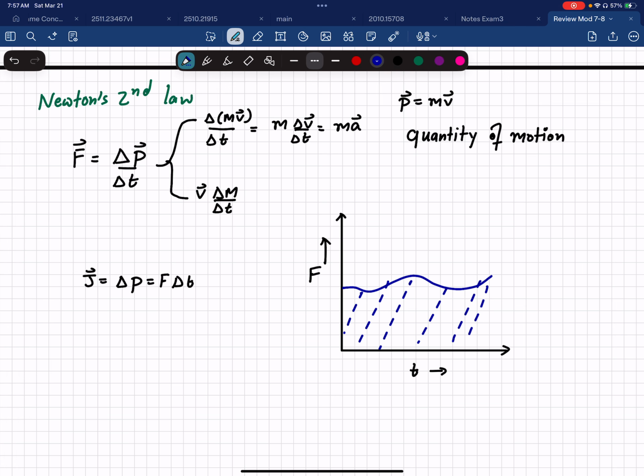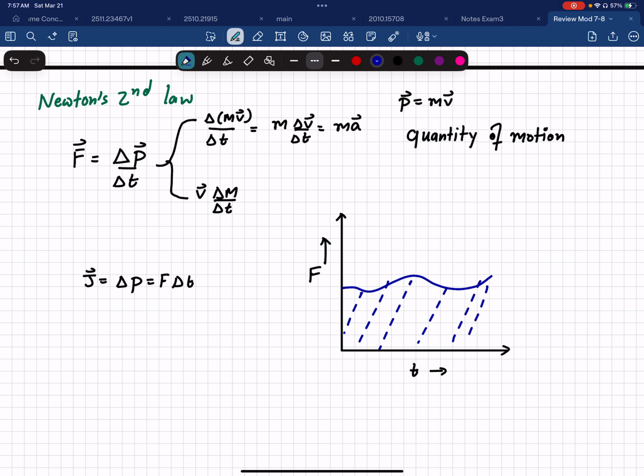When you're catching a ball, the momentum is changing. There is an initial momentum of the ball, which is m times v, and then you're stopping it, so the final momentum is zero. The net result is the same: there is a velocity and it's stopped. Now the whole point is how it is stopped.